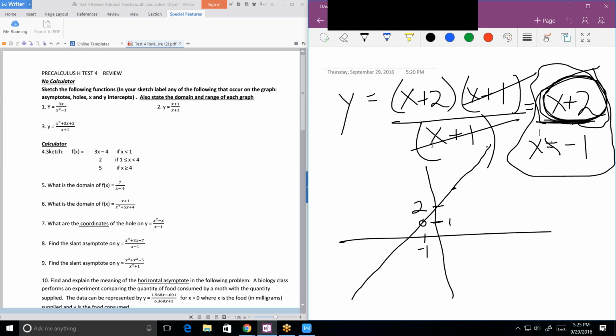Okay? And oddly enough, if you put this function into your calculator, it will not show you that hole. If I put it into Wolfram Alpha, it would not show me that hole. Why not? Because that hole is infinitesimally small. It occurs where x is equal to -1 only.